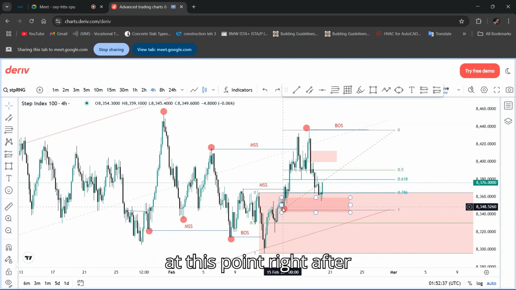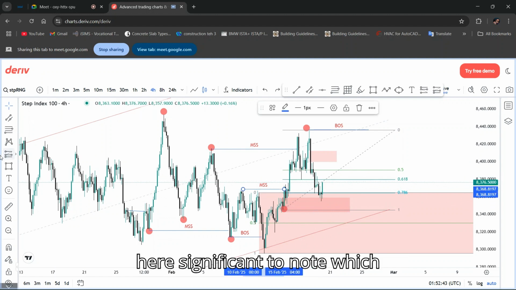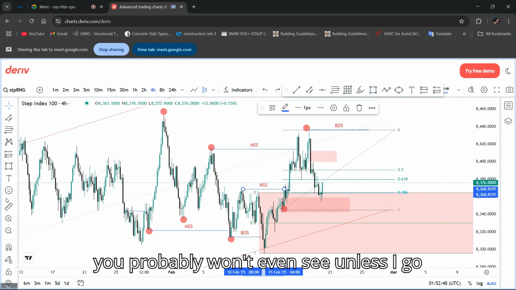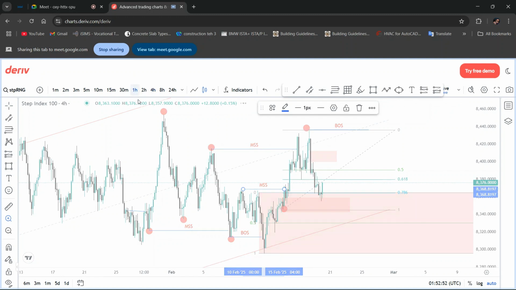And that is why at this point, right after I got the market structure shift right here, which is significant to note and which you probably wouldn't even see unless I go on the 1 hour time frame, let me go on the 1 hour and show you.